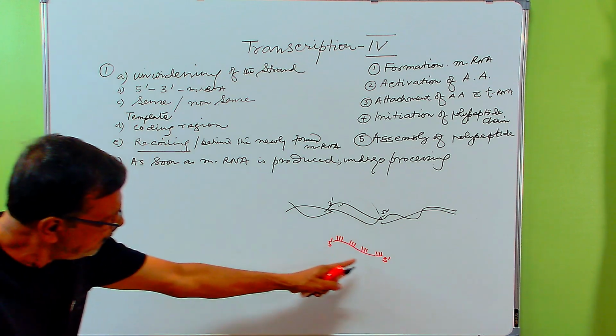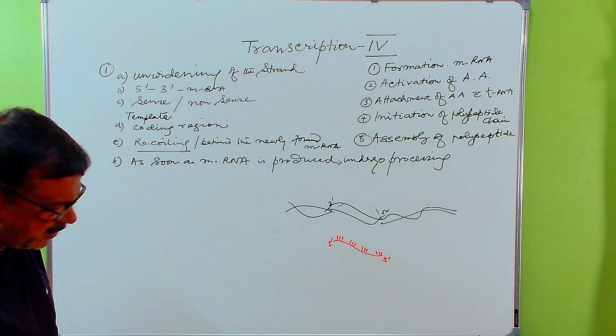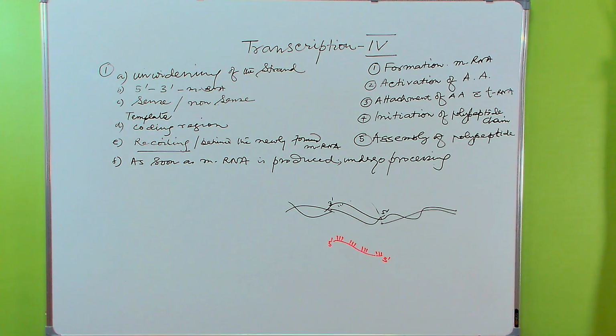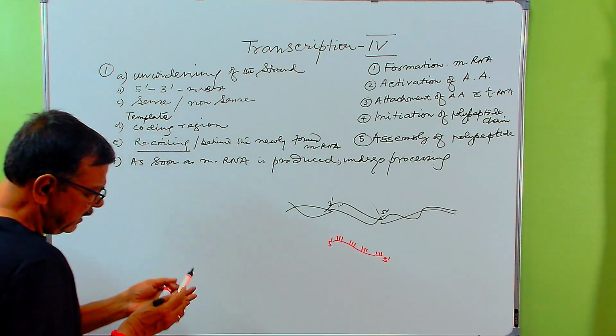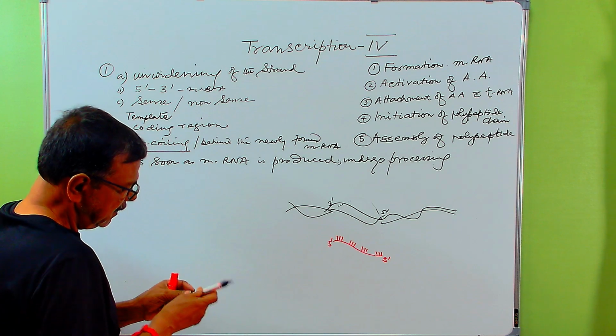Now this mRNA has an initiation codon, first codon, second codon, third codon, in this way.